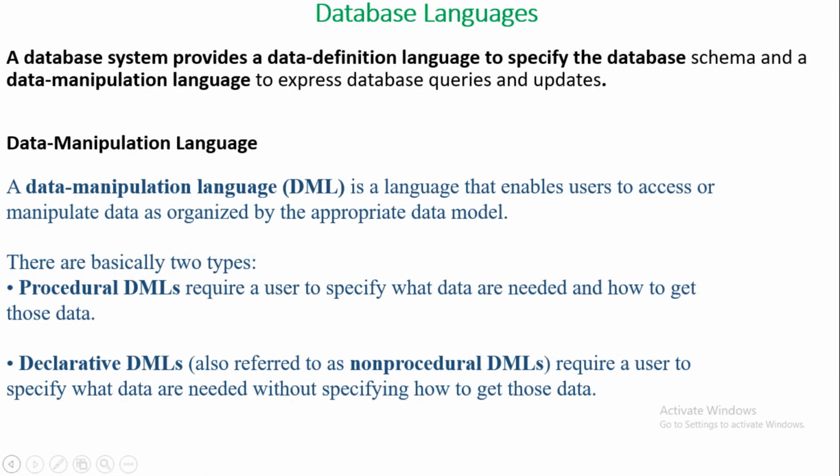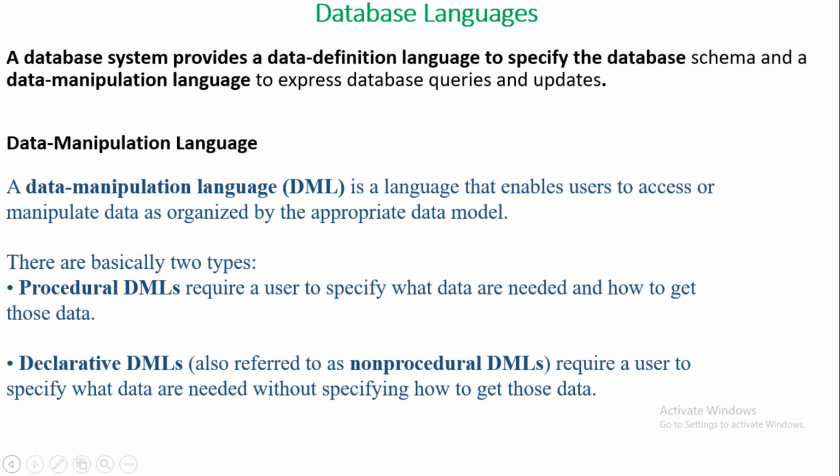Now look at the database languages, which are the sublanguages of SQL. A database system provides a data definition language to specify the database schema and a data manipulation language to express database queries and updates. Look at the first sublanguage, data manipulation language, also called DML. It is a language that enables users to access or manipulate data as organized by the appropriate data model.